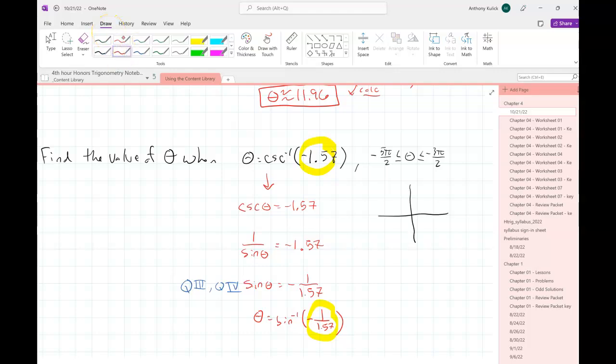So negative pi over 2 and then we'll go up to negative 3 pi over 2, and then down to negative 5 pi over 2. So we covered then quadrants 1 and 4. Is everybody okay with that?